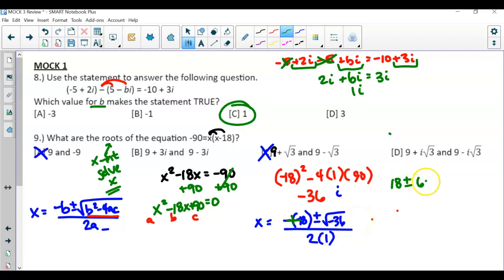So here, 6i over 2 times 1, which is 2. Then notice here, we can simplify and divide all three values. 18 divided by 2 is 9, plus or minus 6 divided by 2 is 3. So 9 plus or minus 3i, they just separated it. So the answer here is B.